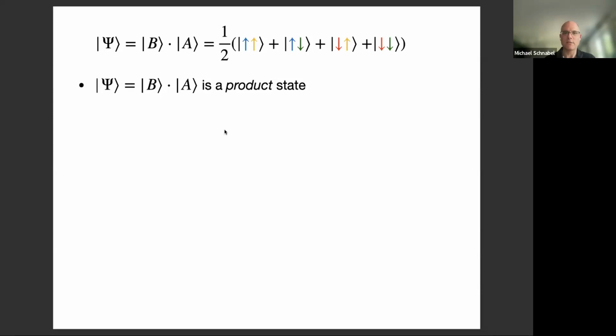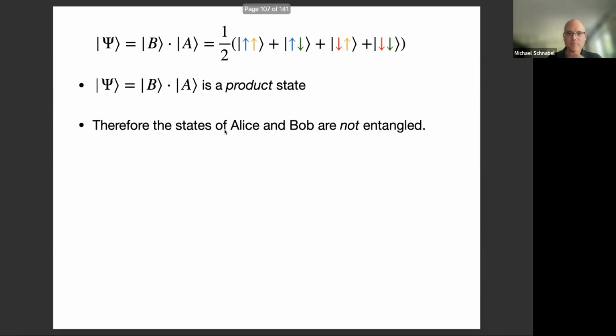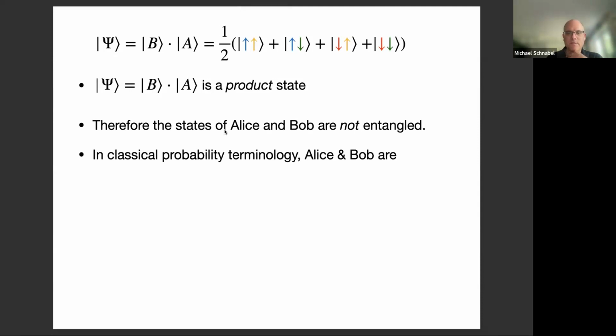This would be uncorrelated. In the same way, whenever it's a product state, they are not entangled. In classical probability terminology, Alice and Bob are statistically independent, uncorrelated.